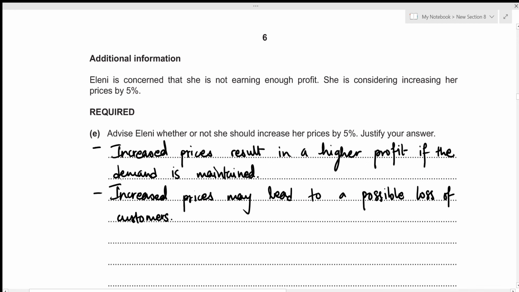Alright, next, increased prices might lead to some customers perceiving the goods as of higher and better quality because people tend to associate goods of higher prices with that of better quality. Let's write that down as well.